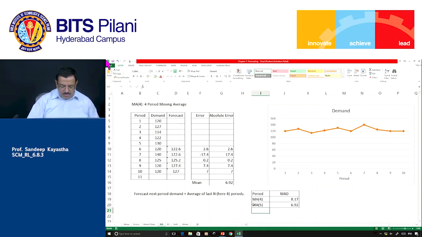What about if we use moving average 3 period? Let us do one more. Moving average 3 period. So if we have got 3 period, we'll make the forecast here.